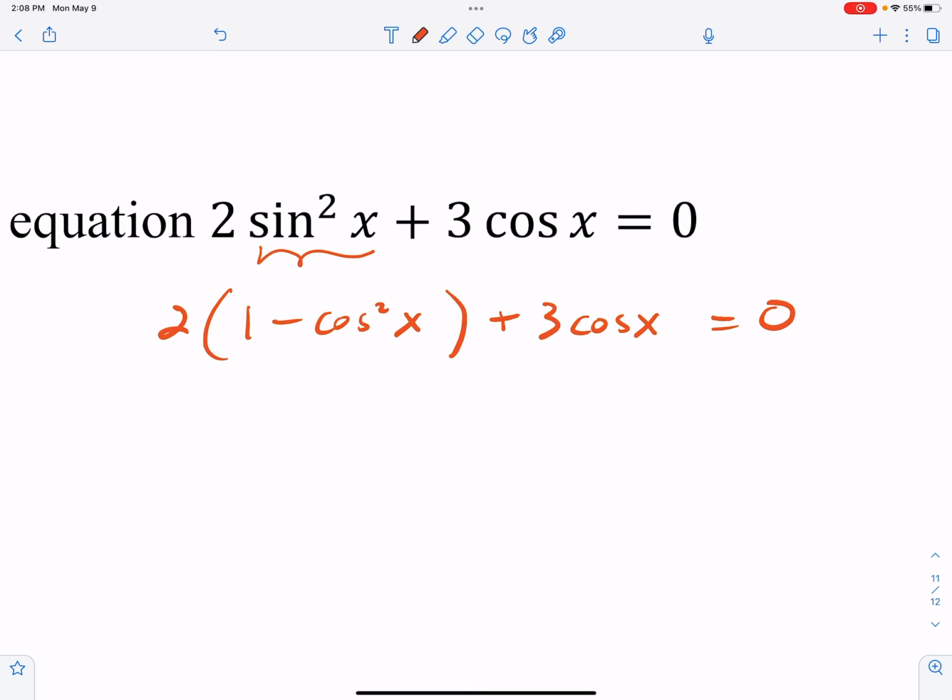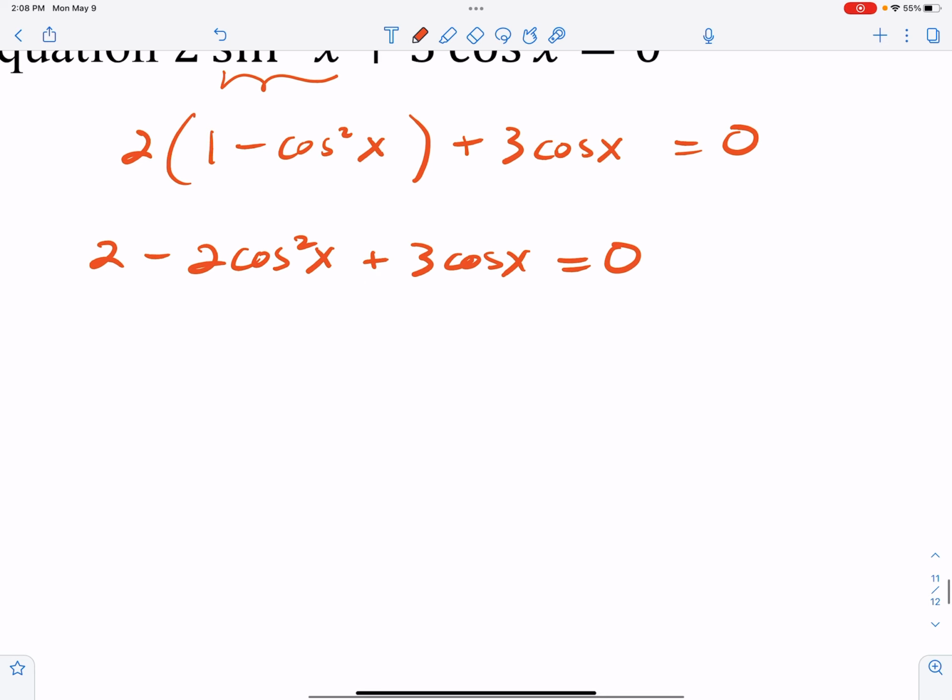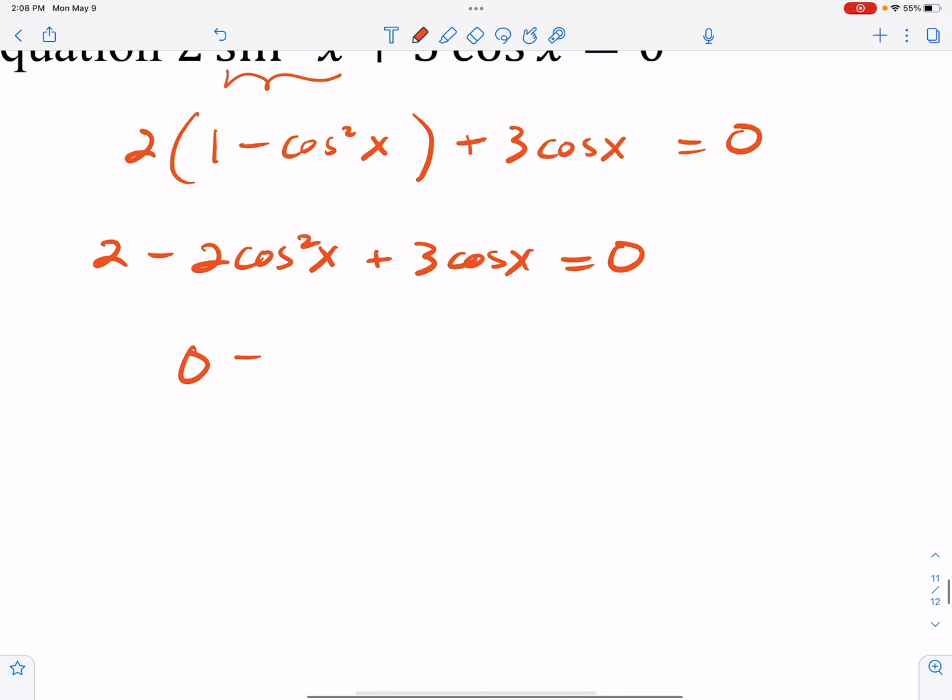And then if we distribute that 2, and I'm going to rewrite this as 0 equals 2 cosine squared minus 3 cosine minus 2.